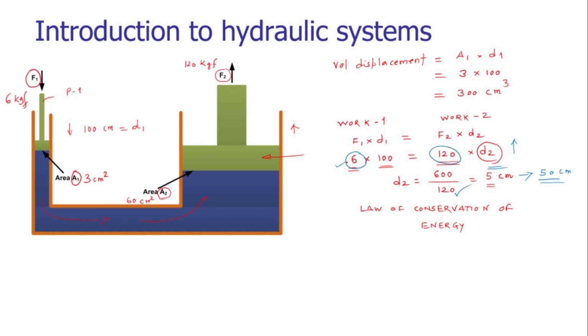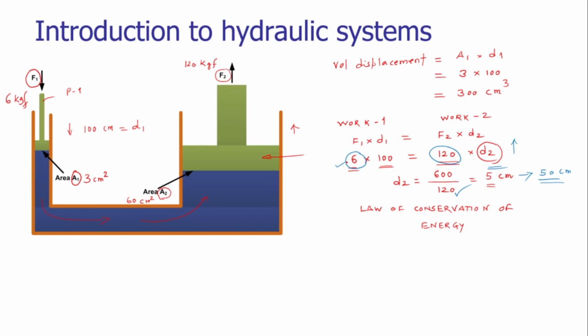The displacement is small, so you push 10 times this 6 kgf for a 100 centimeter stroke on the left side of the system, and it can easily generate a 50 centimeter displacement of a 120 kgf load. So a small system is driving a big system.